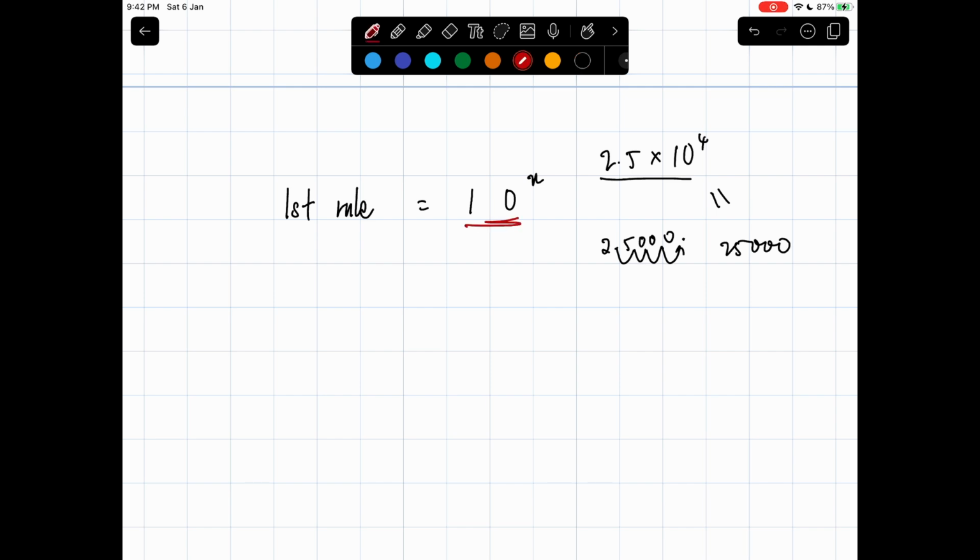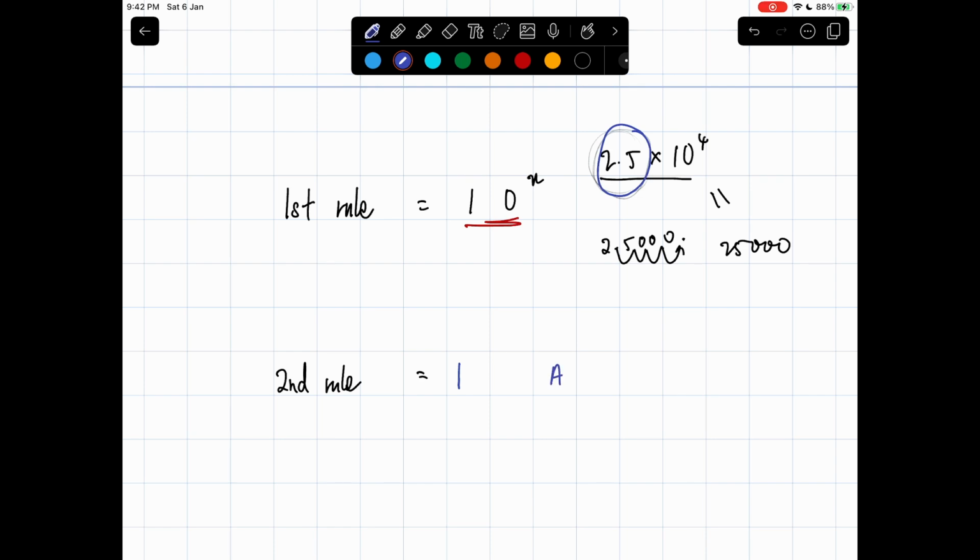All right. Now, the second rule, this rule is very important. People do forget this sometimes. The first number, the digit you're writing right here, has to start from 1 and must be more than or equal to 1 and less than 10.